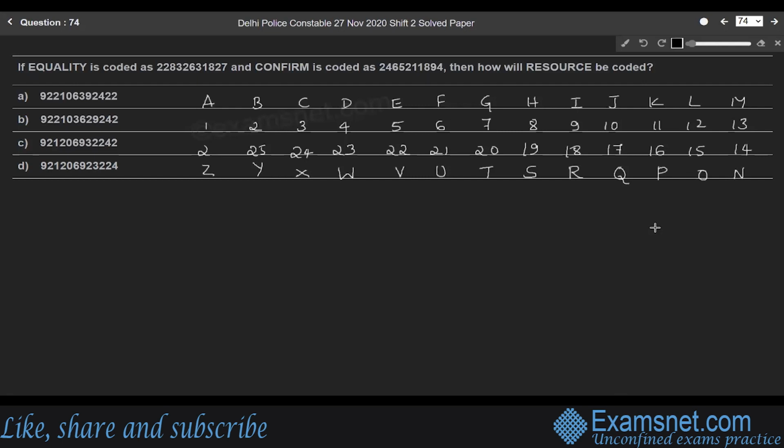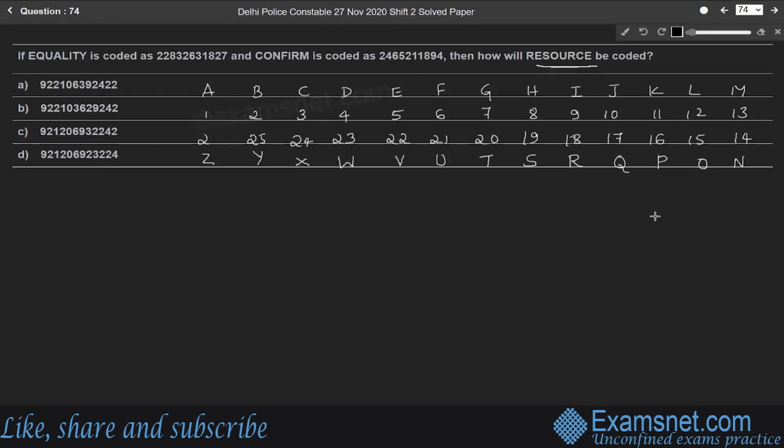Question 74. If equality is coded as 22832631827 and confirm is coded as 2465211894, then how will resource be coded? So here the logic is for equality. The positional values of alphabets are written here.